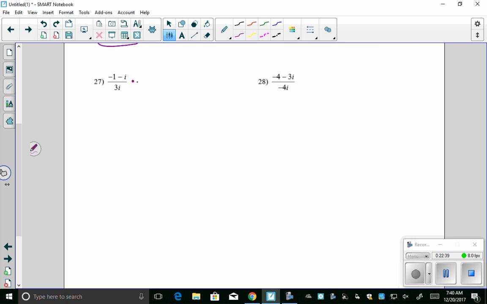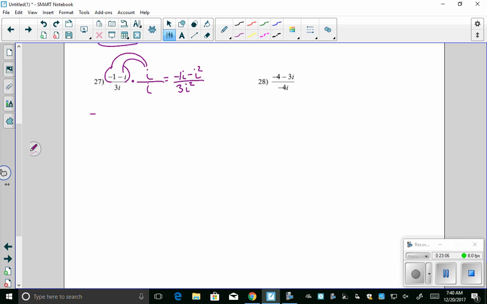Still multiply top and bottom by i. You're multiplying every term on top by i, so you've got to distribute the i within the parentheses. So you're going to have negative 1i minus i squared divided by 3i squared. Substitute negative 1 in for the i squares.